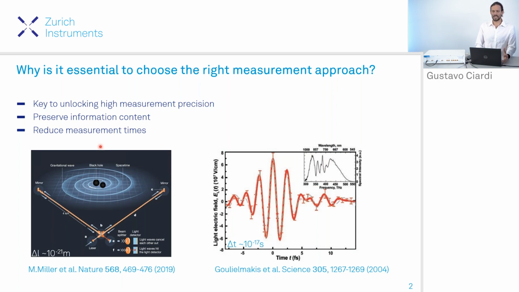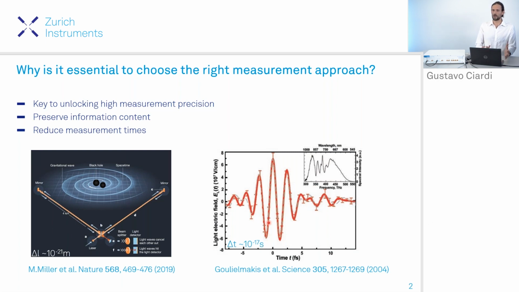For example, taking this to the limit, we can imagine the impact of an incorrect or a correct signal analysis approach when it comes to measuring very small effects at the boundary, for example, of length scales, as it was for this image on the left in the LIGO experiments, where they needed to detect length changes on the order of 10 to the minus 21 meters.